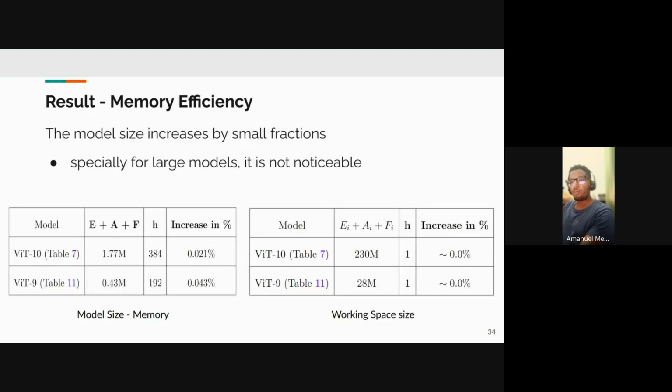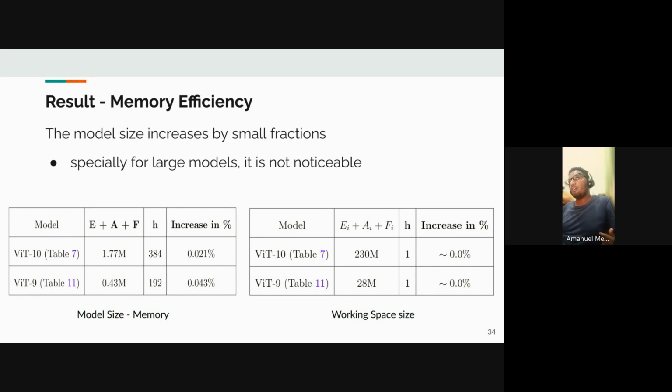Okay, so in terms of memory efficiency, the model size increases by a small fraction because we are adding a new reinforcement learning agent. But that's not noticeable, especially for large models, because you're adding just one feed-forward layer, and the input size is the hidden vector size.